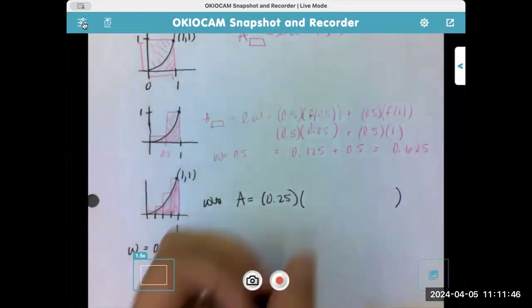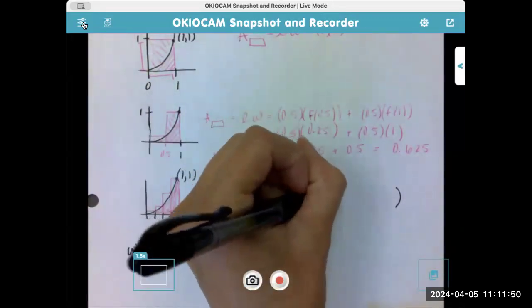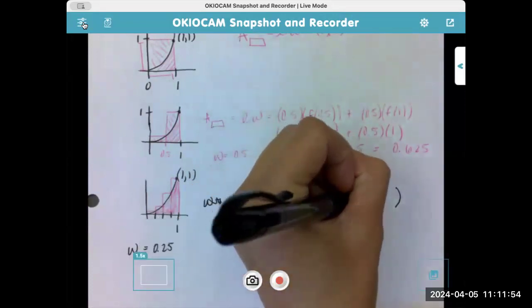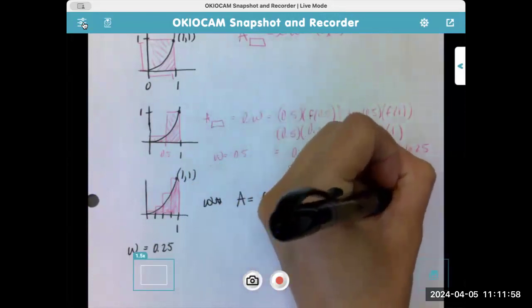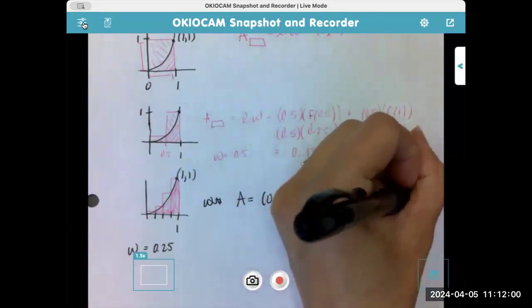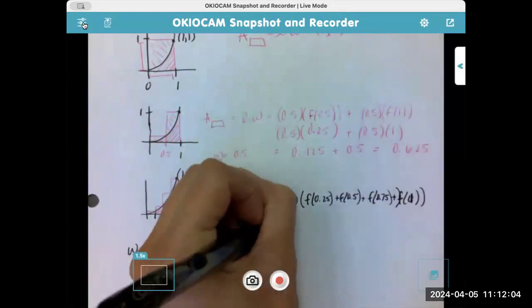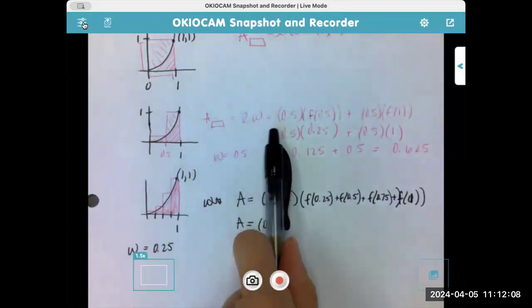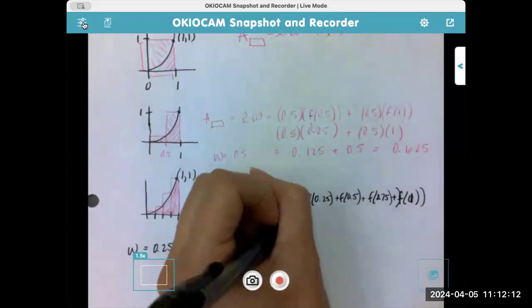So this would be f of 0.25 plus f of 0.5 plus f of 0.75 plus f of 1. So the area is equal to 0.25 because that's all the widths, right? So same thing as up here if I factored these out. Oh, I should have changed colors. Y'all forgive me.